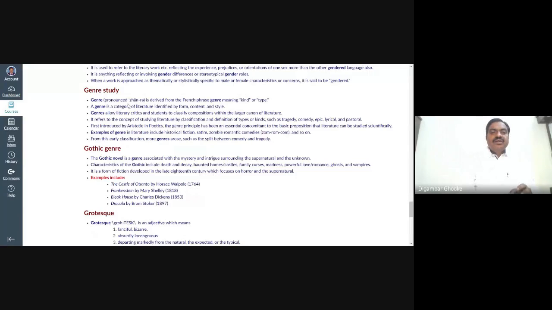Okay, with this we would like to continue with the discussion on the next term, that is genre. As I had introduced this term a short while before, we're talking about frame story. So genre is a French word. The pronunciation is genre.